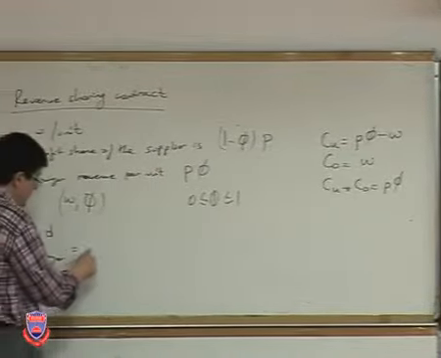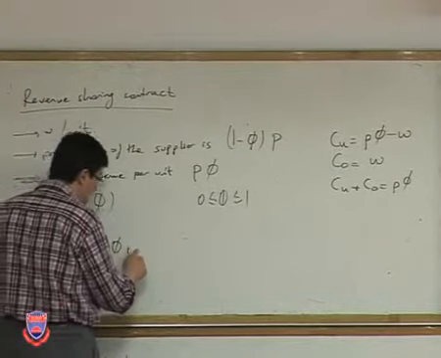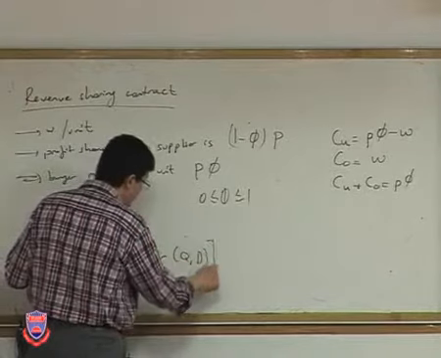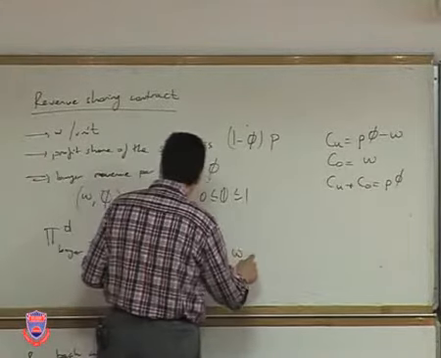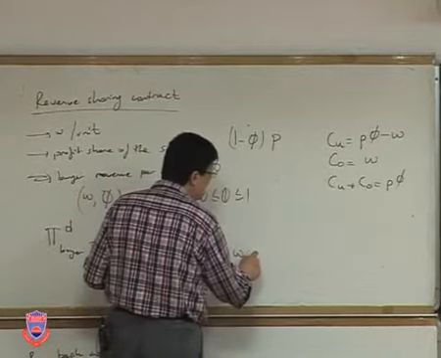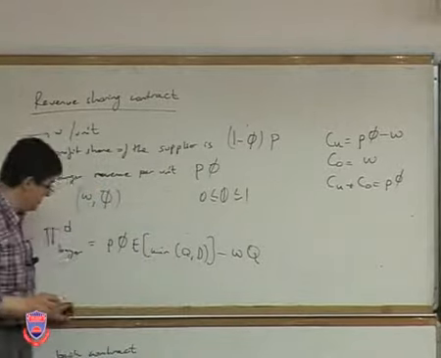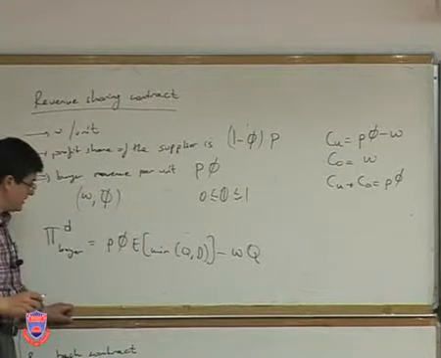So here, I'm going to have P times phi, expected value of minimum of Q and D, minus W times Q is going to be what I have.